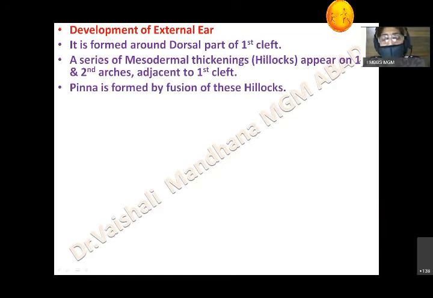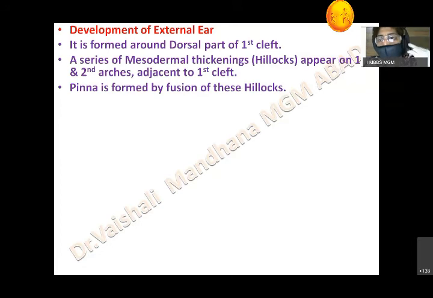Okay. Around that, a series of mesodermal thickenings or hillocks appear on the first and the second arch. In between, the gap is called the first cleft. So from this cleft, you get the external ear opening or external auditory meatus.